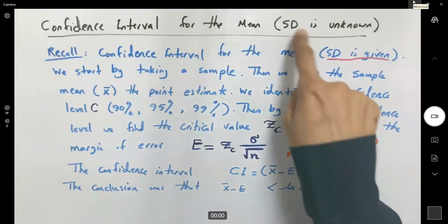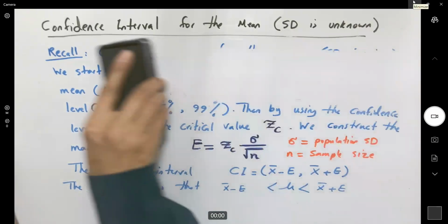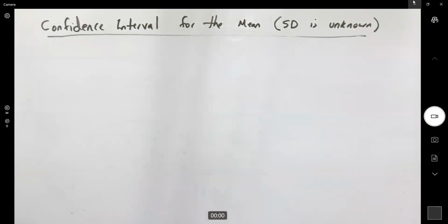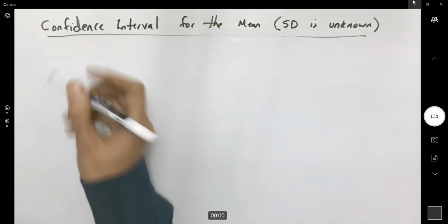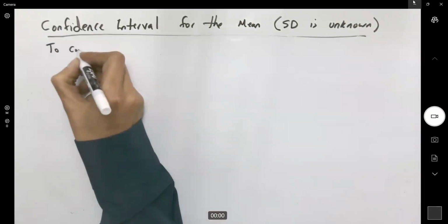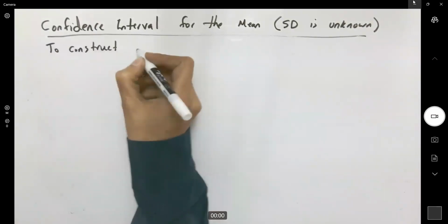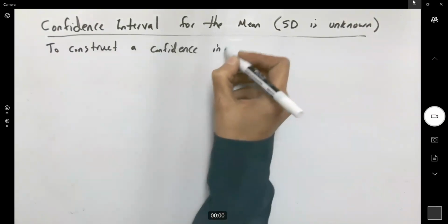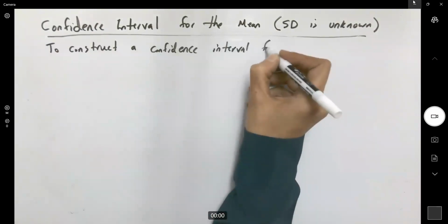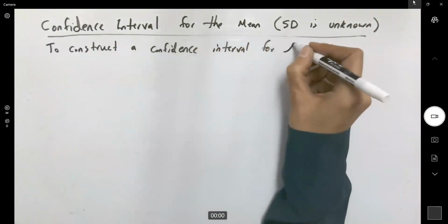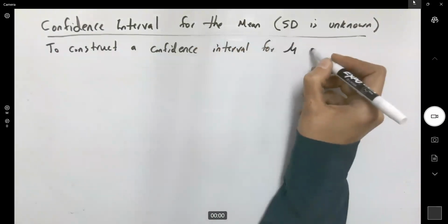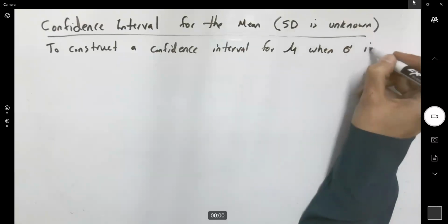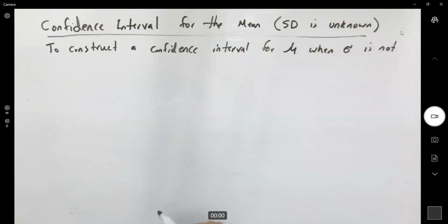Okay. So if sigma is not given to us, we're going to start again taking a sample to construct a confidence interval for the mean of the population, or mu, when sigma or standard deviation is not given.